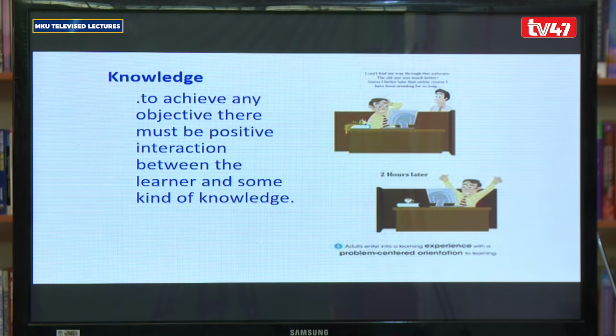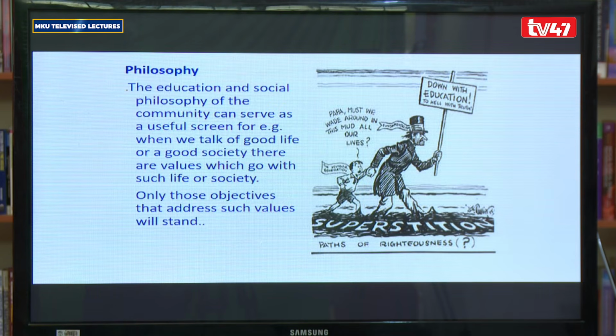Another issue is knowledge. To achieve any objective, there must be positive interaction between the learner and some kind of knowledge. And as we can see, when the learner achieves, then they get excited and they get motivated to move on to the next level. We also have the philosophy.